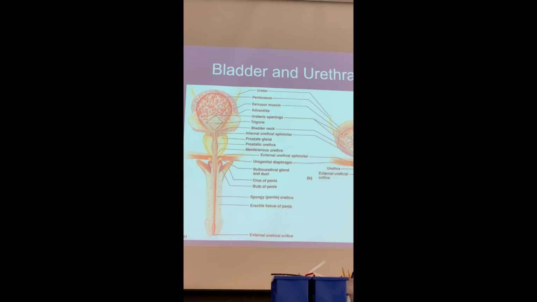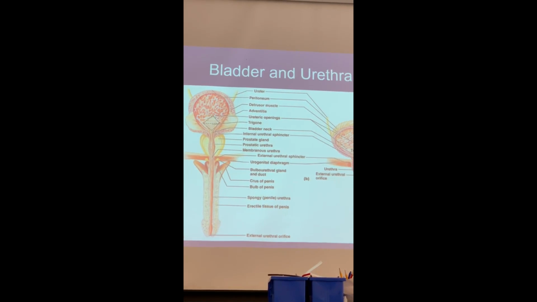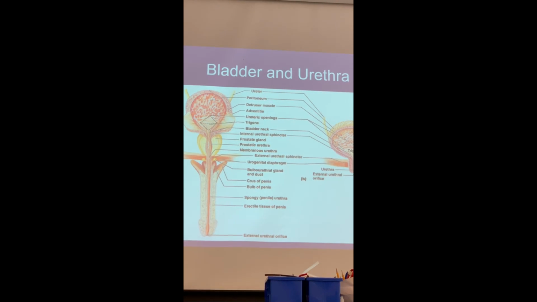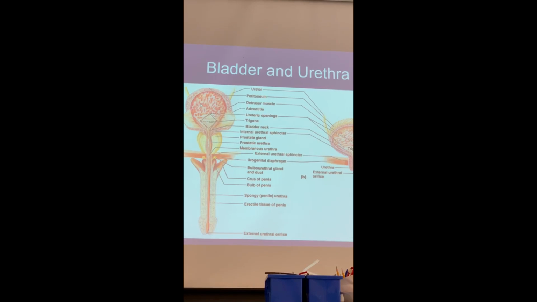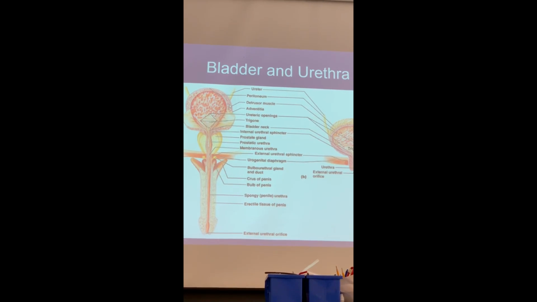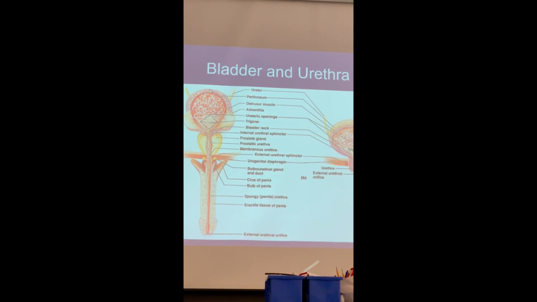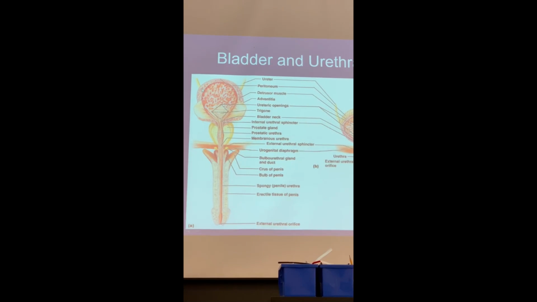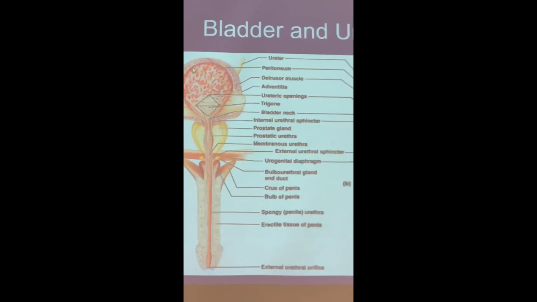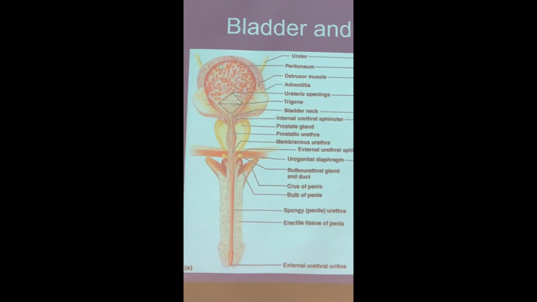And so what we have is this lining, of course, with rugae on the inside of it. Those are going to be stretched out when the bladder is full. And this muscular wall in the bladder is known as the detrusor muscle. That's the smooth muscle that makes up most of the wall of the bladder. When that contracts, it will eject urine from the bladder.